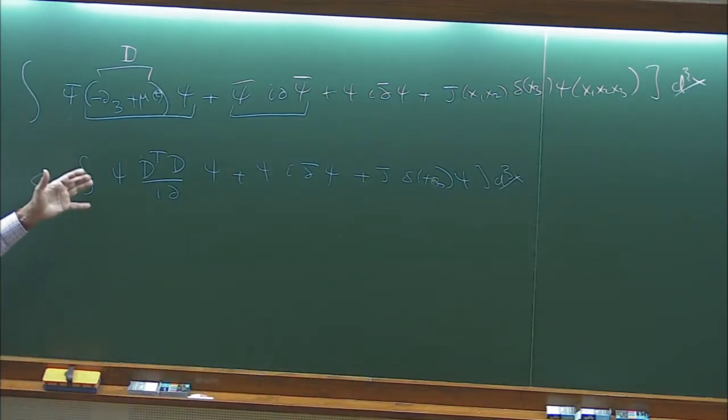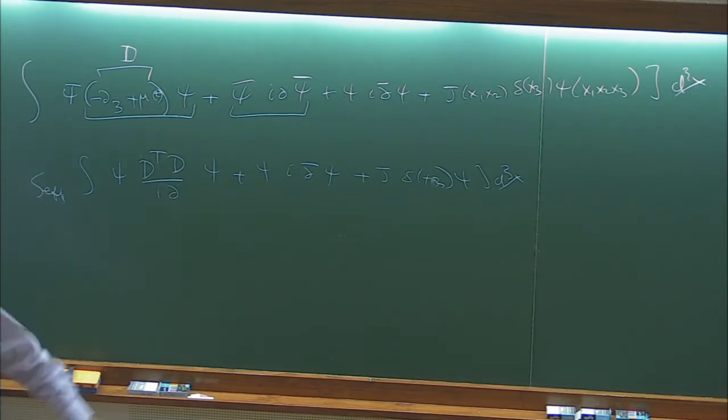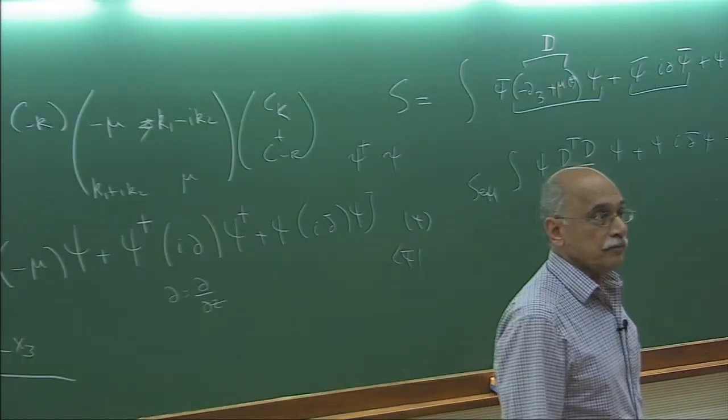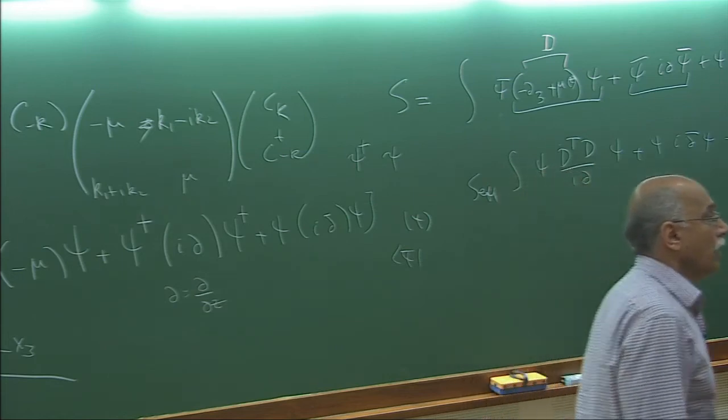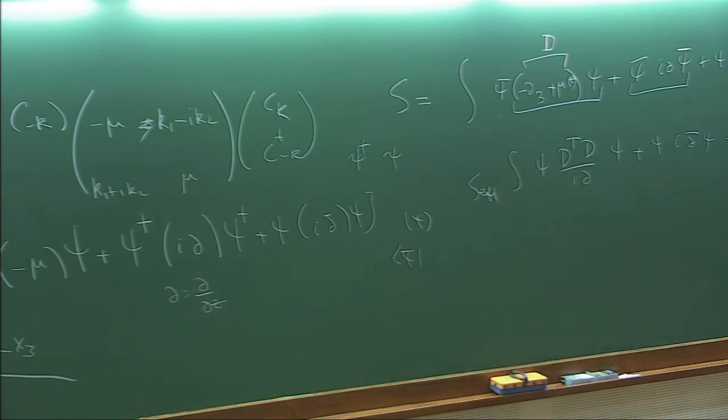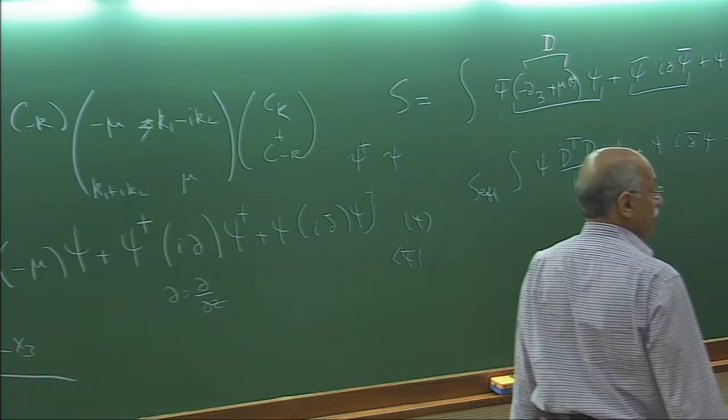This is just completing the square and doing the Gaussian integral. Yes, it's a Grassmann source.